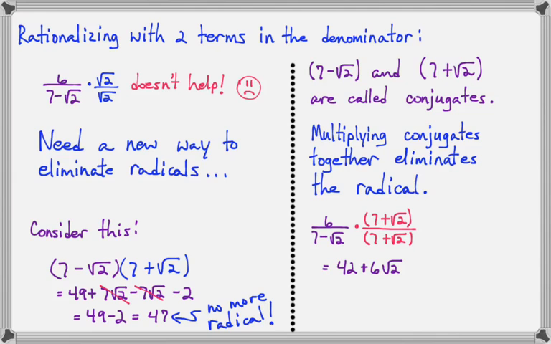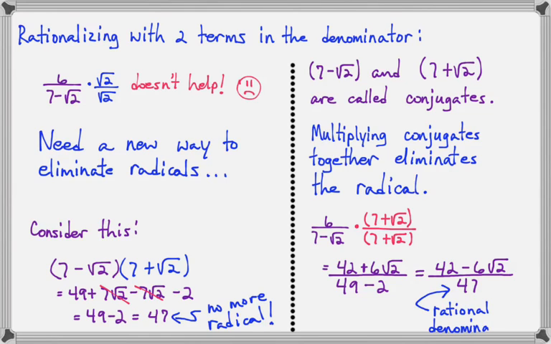Okay, in the denominator, 7 times 7 is 49. Then outer times outer and inner times inner we know go away. And then minus square root of 2 times plus square root of 2 is going to give us minus 2, just like it did before. And we're going to end up with 42 plus 6 square root of 2 in the top and 47 in the denominator.